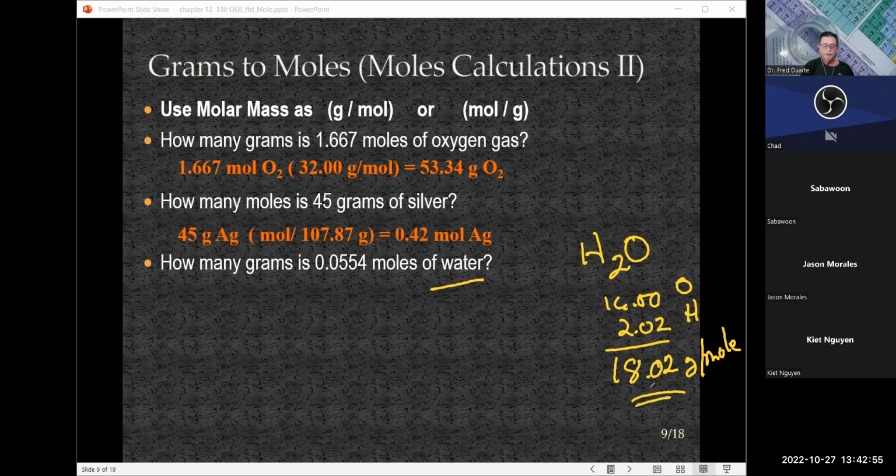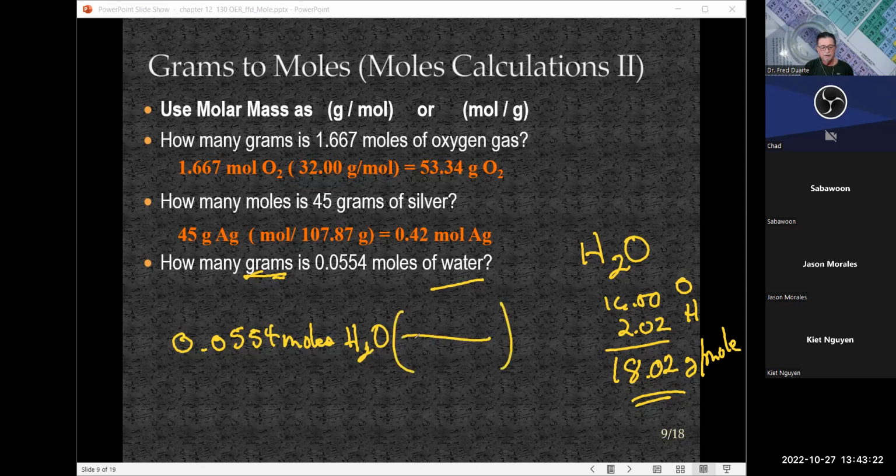18.02 grams per mole. The question says, how many grams is 0.0554 moles of water? So let's write down what we're given. I know it does sound redundant, but I am going through a systematic approach to the problem, setting it up properly.